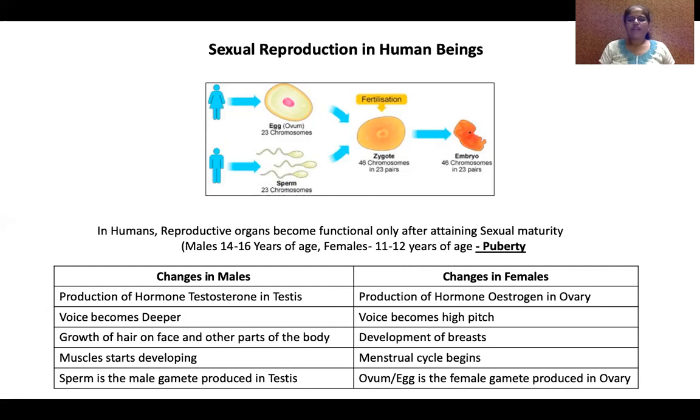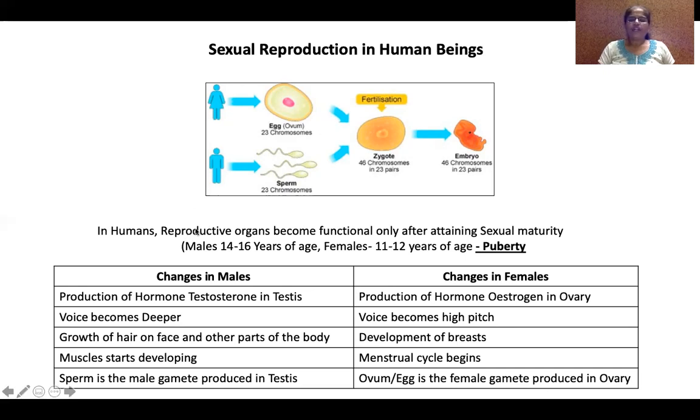This cannot happen at any age. To have sexual reproduction in human beings, both female and male have to attain a certain age. That means we have to become sexually matured. Our body development should be proper, and at the right time, both eggs and sperms are produced in females and males.